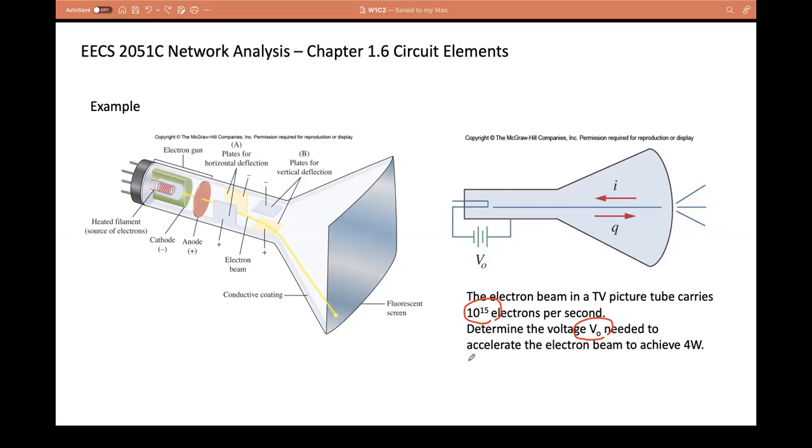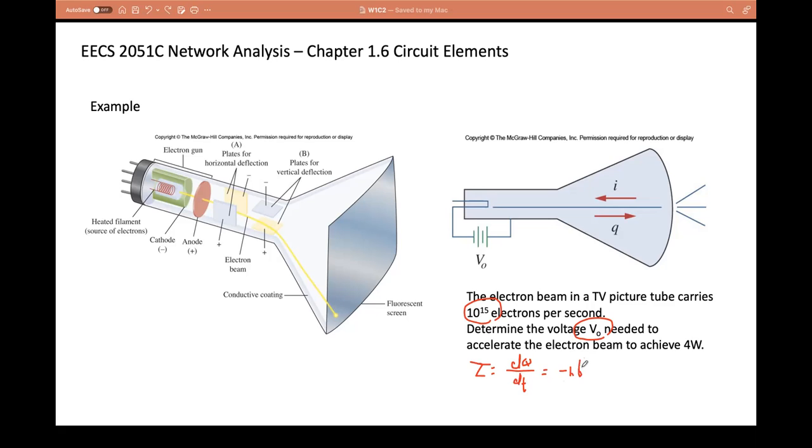Current, it's really hard to write, this is I, not Z. Current is equal to dq over dt. So current is the charge change over time. And we have this many electrons, and we know every electron carries how much charge?